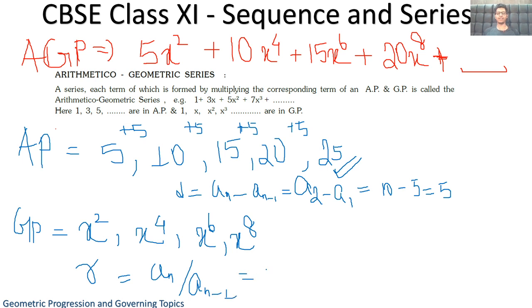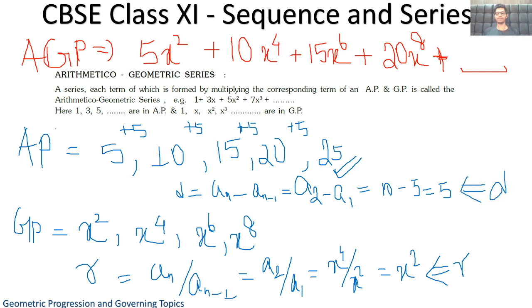Now we can pick any two values. So we have picked A2 by A1. A2 is x to the power 4, and x to the power 4 by x square is nothing but x square. So this over here is R, and this is D.